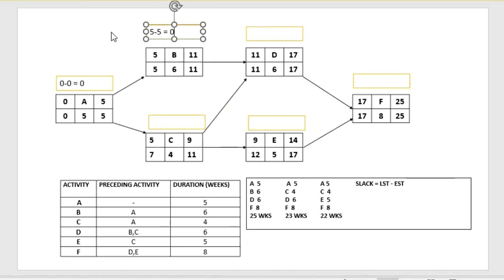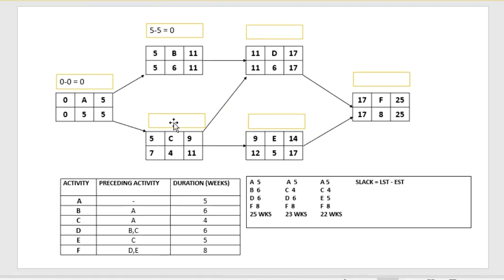So B has 0 slack time. For C, the latest start time is 7 minus the earliest start time, 5.